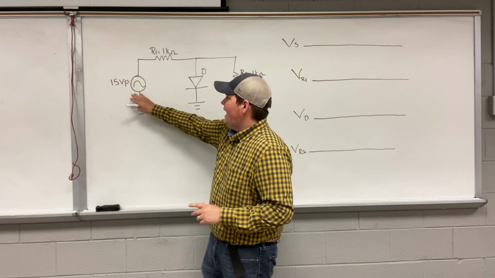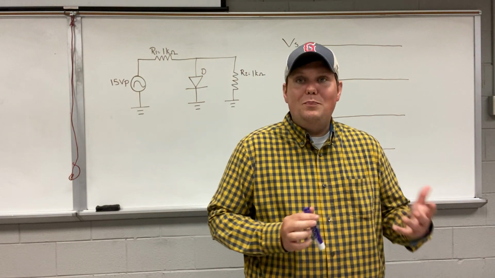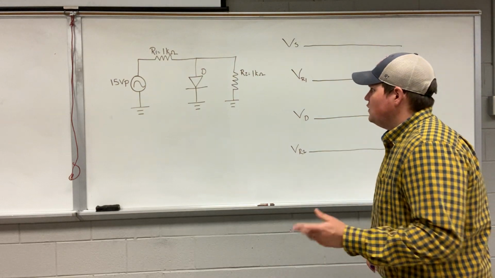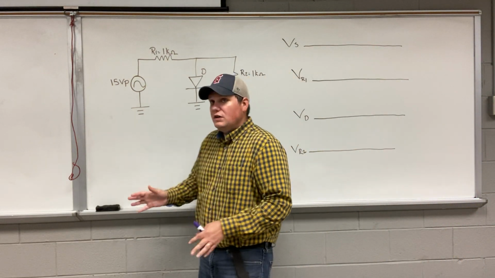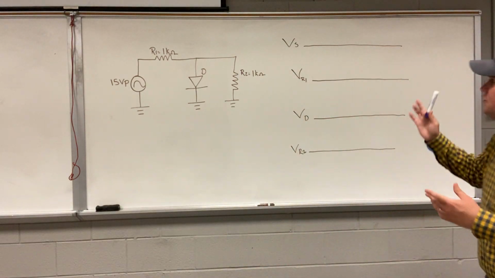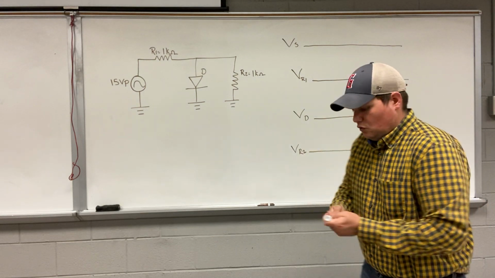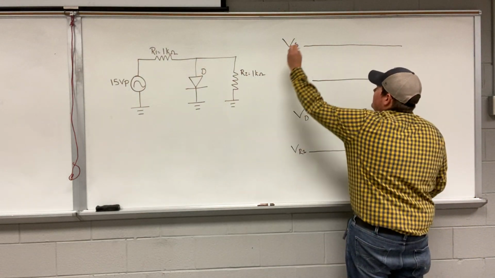So again, we have an AC source, 15 volts peak. So remember, that is 15 volts peak or 30 volts peak to peak. Okay? So the first waveform that we want to draw is going to be our source voltage, and that is very easy.